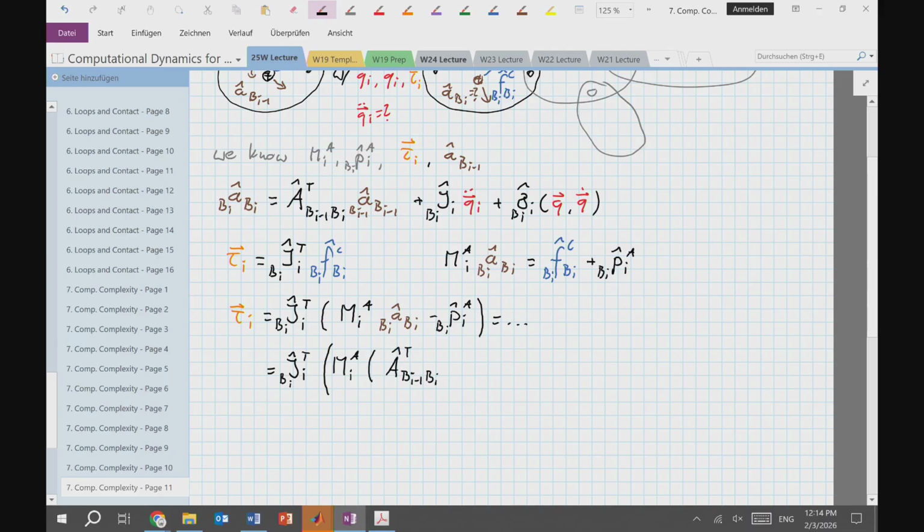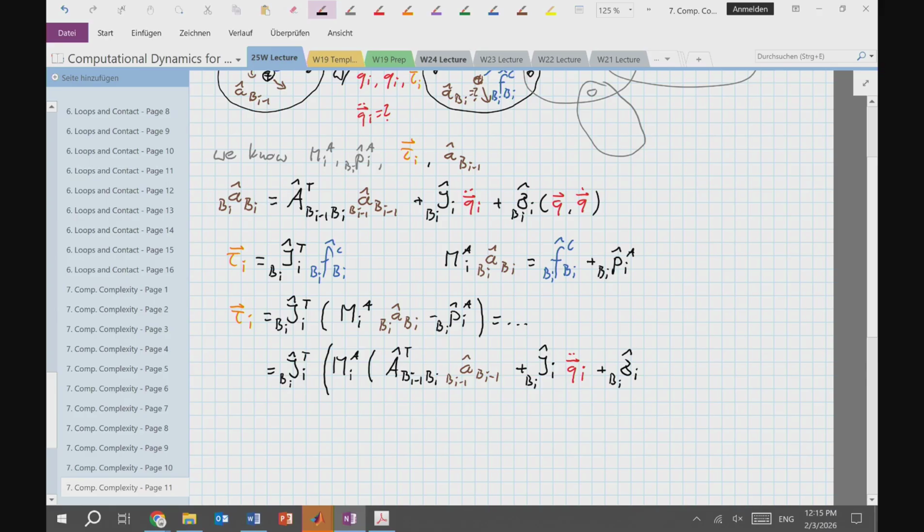That should get a hat, because these are spatial transformation matrices. The acceleration of my predecessor, plus the Jacobian of that joint times the acceleration of that joint, plus my bias forces sigma i hat.